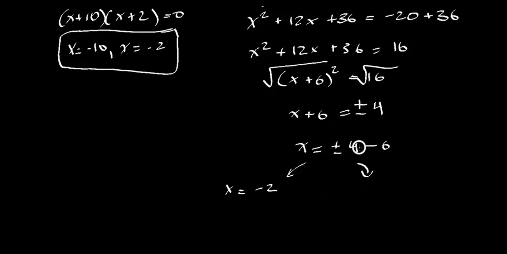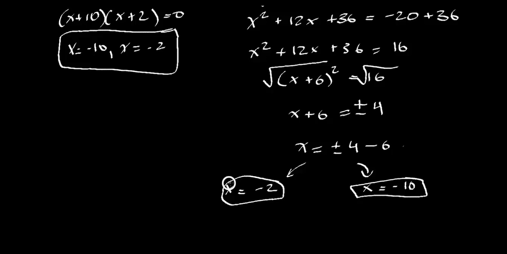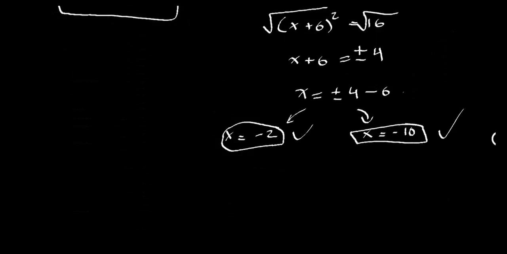And negative 4 minus 6 is negative 10. And look at that. These, oh my god, that's terrible, are the same answers as these. Negative 10, negative 2, negative 10, negative 2. Which means this is all correct. Isn't that wonderful? Alright, and my very, very last example, quick, is this.